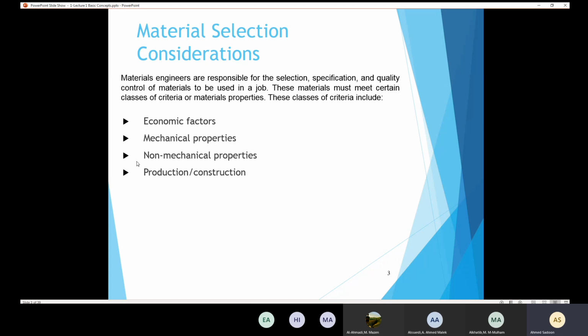And also I have the production and the construction: how I'm going to construct the building itself, how I'm going to produce the material. It's a very important criterion. And also I have the aesthetic properties, like the appearance of the material, whether it's a beautiful material or an ugly material. And also I have the sustainability consideration, whether the material is going to be friendly to the environment or not.